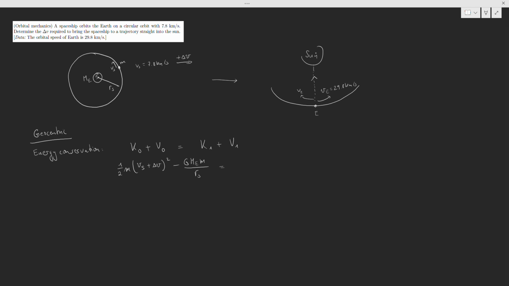Now the kinetic energy shall be just 1/2 times mass times Ve squared, because we need to have the velocity of the Earth in the opposite direction. And we have zero potential energy because we just left the gravitational field of the Earth.